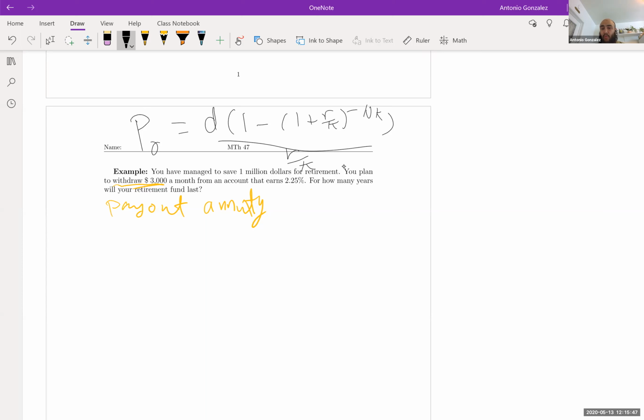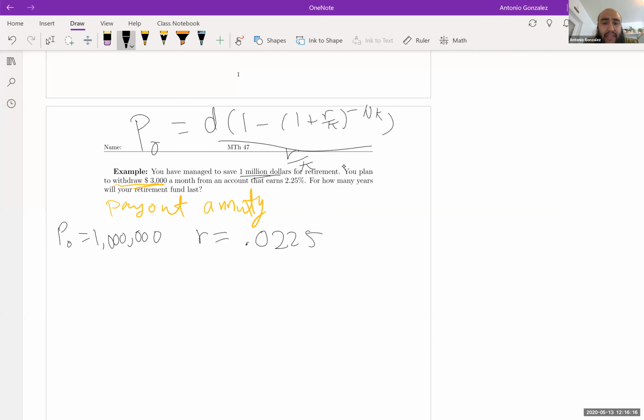Now let's determine what it is that we know. We know the starting balance, P naught, is $1 million. I know the interest rate on this account, which is 0.0225.